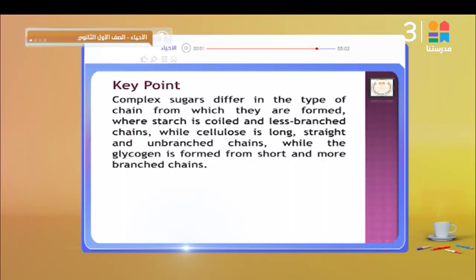Key point: complex sugars differ in the types of chains from which they are formed. Starch is coiled with less branched chains, while cellulose is long, straight, and unbranched. This is the difference between starch and cellulose chains.